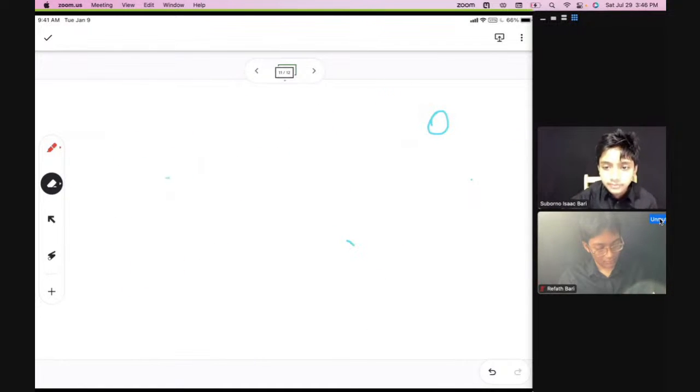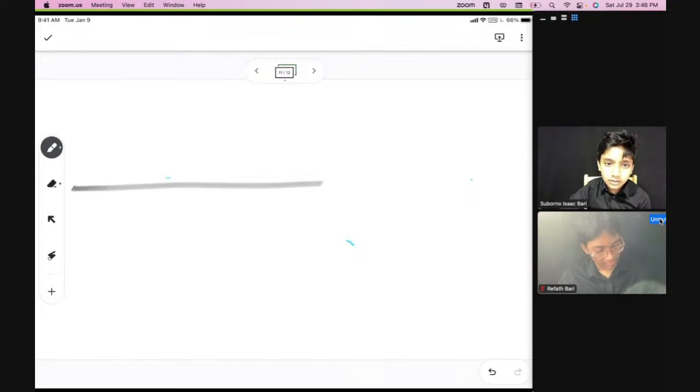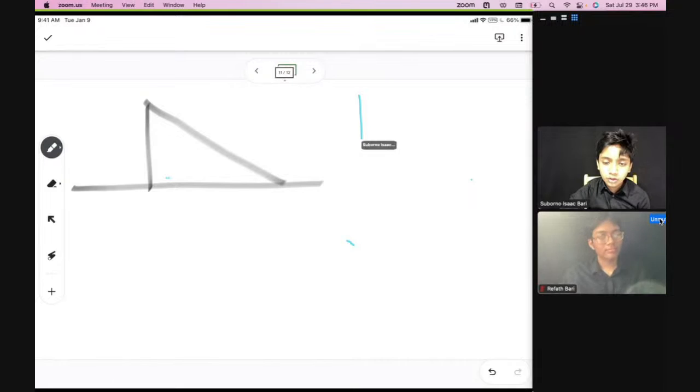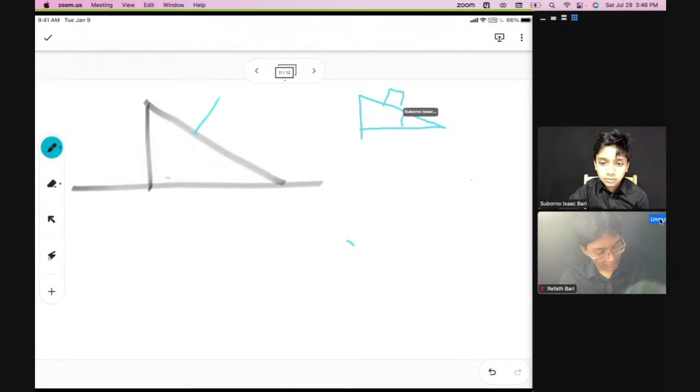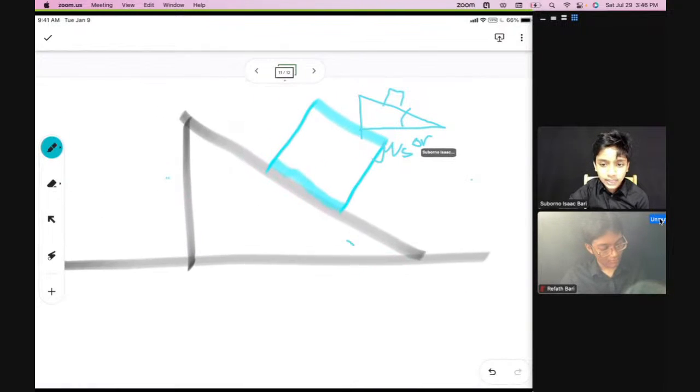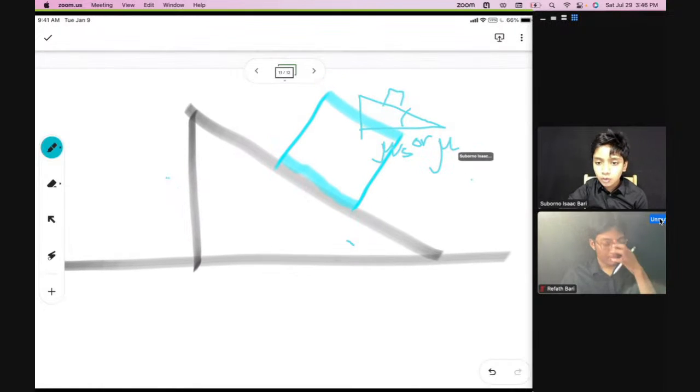So the inclined plane is basically, obviously, when you have some sort of angled surface, and then you have a box on it. So most of the time, we consider there to be friction, either static or kinetic, or even both, if you want to be really exotic.